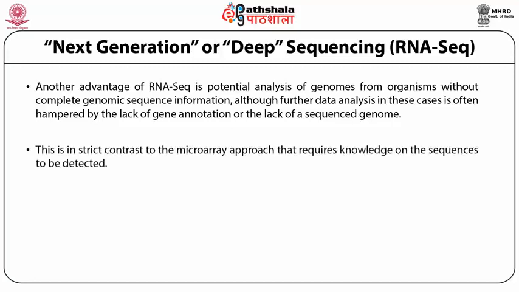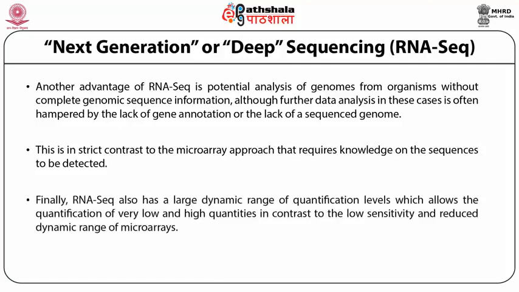This is in strict contrast to the microarray approach that requires knowledge of the sequences to be detected. Finally, RNA sequencing also has a large dynamic range of quantification level, which allows the quantification of very low and high quantities, in contrast to the low sensitivity and reduced dynamic range of microarrays.